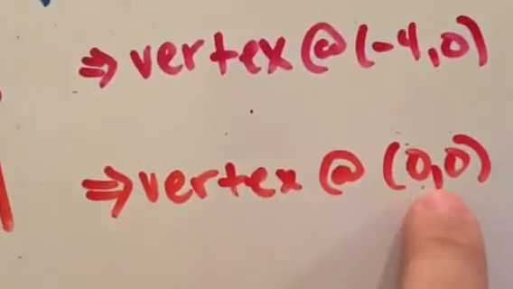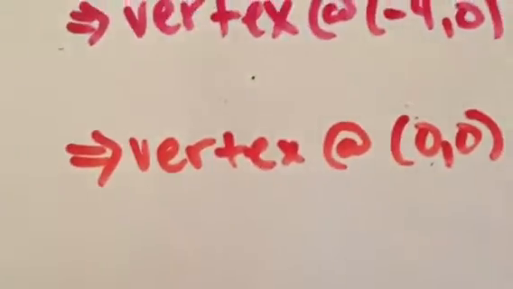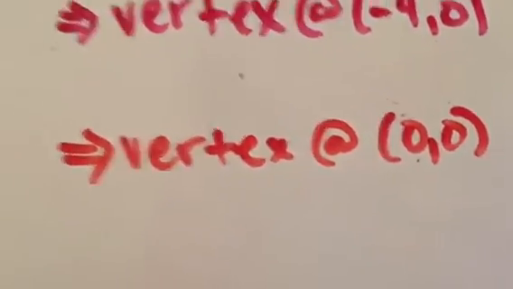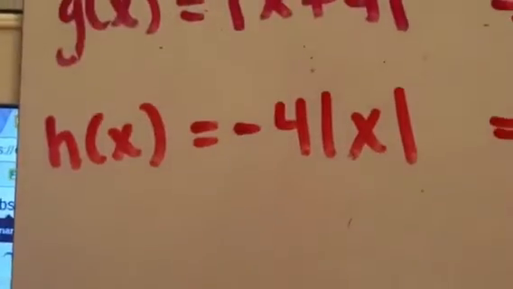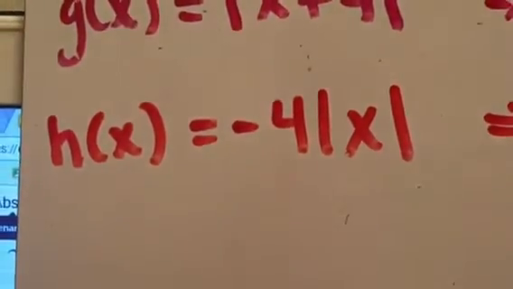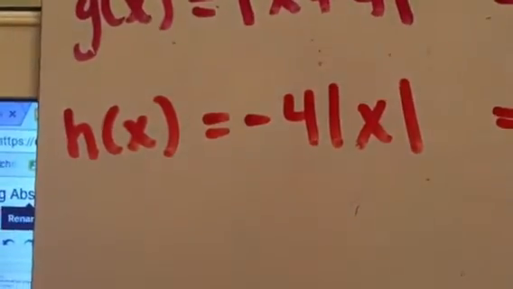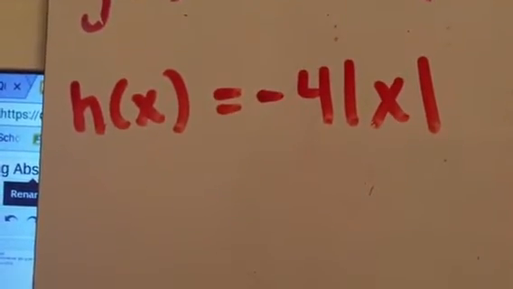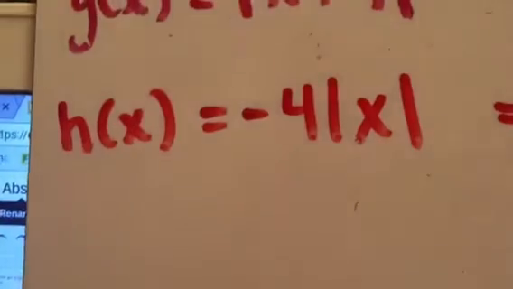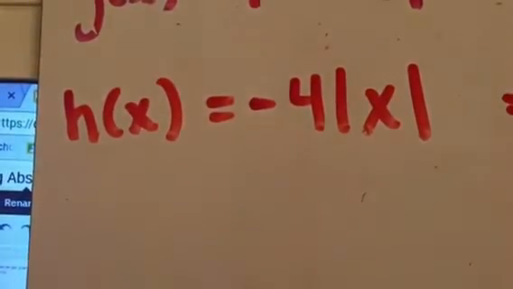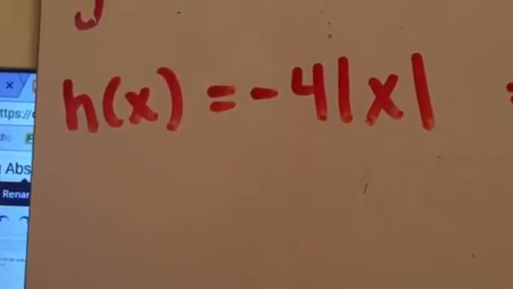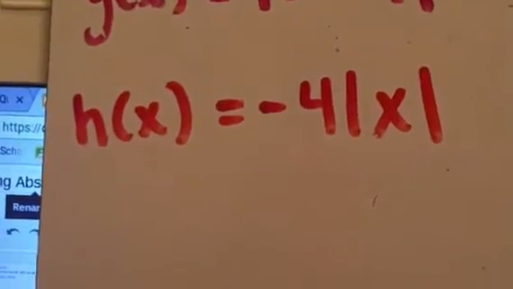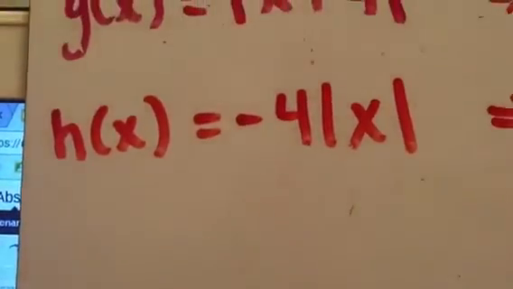So my vertex is going to be 0, 0. And all that -4 does for me is tell me that my graph is going to be an upside down V, and that it is going to shrink. Remember that the bigger my number was, the more it shrank, and the smaller my number was, the more it expanded.